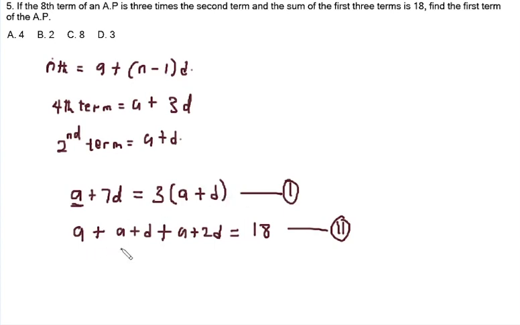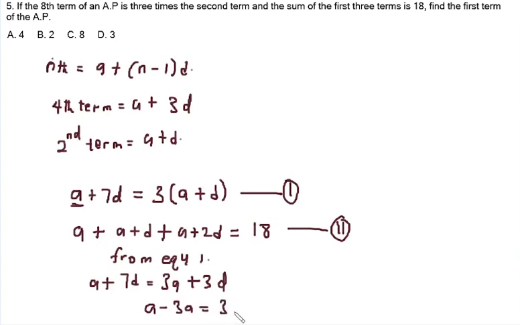So from equation 1, we have a plus 7d is equal to 3 times a, which is 3a, plus 3 times d, which is 3d. We are going to be moving the a's and the d's to either side of the equation. So this will be a minus 3a is equal to 3d minus 7d.